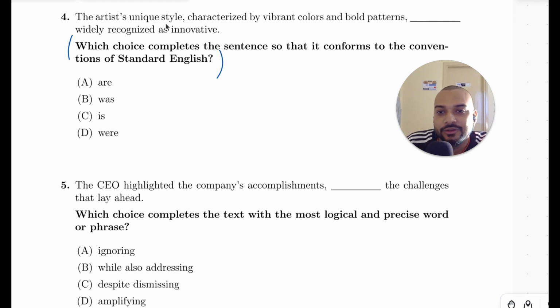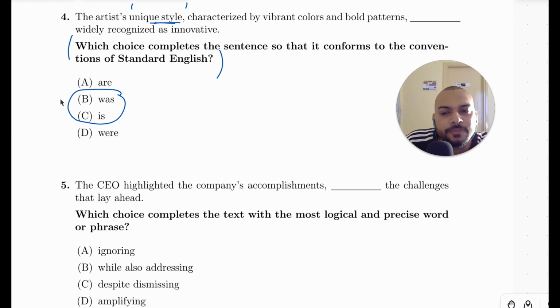Okay, so the unique style, characterized by vibrant colors and bold patterns. Unique style, this is the subject. It's a singular subject, unique style. So is or was, these are the only two which would be suiting here. So characterized by vibrant colors and bold patterns, is widely recognized as innovative, was widely recognized as innovative.